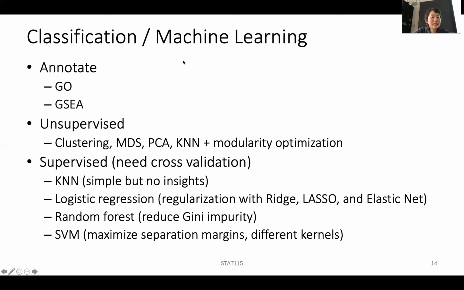And then we didn't have a particular lecture just on machine learning because there are many good videos and whole courses on machine learning. We did talk about annotating the clusters after you get a gene expression cluster. How do you annotate the genes in those clusters? There's gene ontology, a tool like DAVID. You can also look at gene set enrichment.